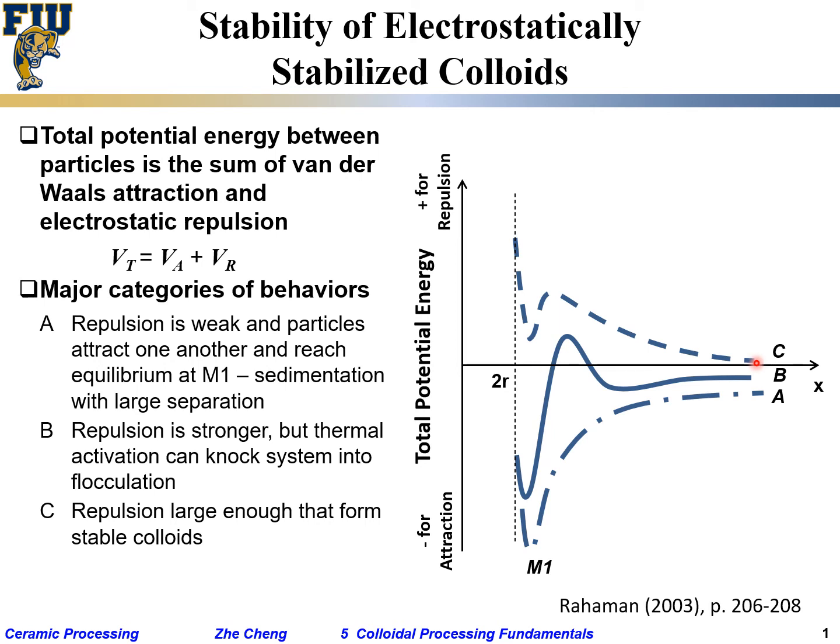Far away, zero, and as we get closer and closer, getting positive, more and more positive, repel each other. Okay, and at a certain location, they again reach a local minimum, which means at that distance they are most stable. When you get closer, it's going to increase. When you get further away, it's also going to increase.